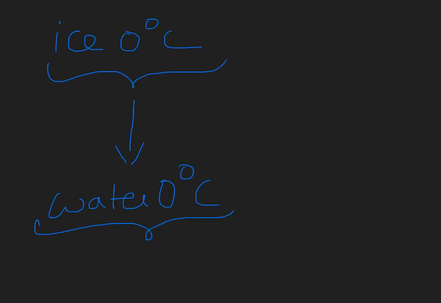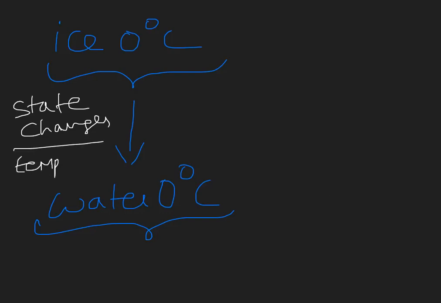Next, here ice at 0 degree centigrade to water at 0 degree centigrade. This is the question now. Observe, ice to water, state changes. But temperature constant. See, observe here, temperature 0 degrees ice, 0 degrees water.